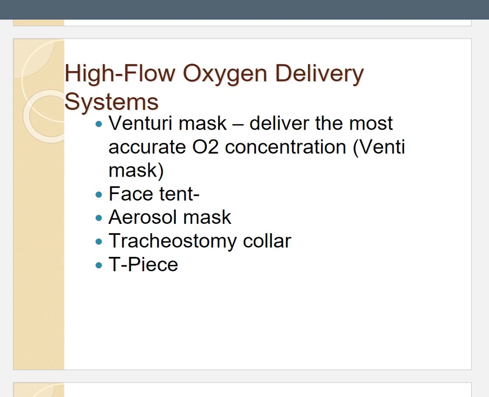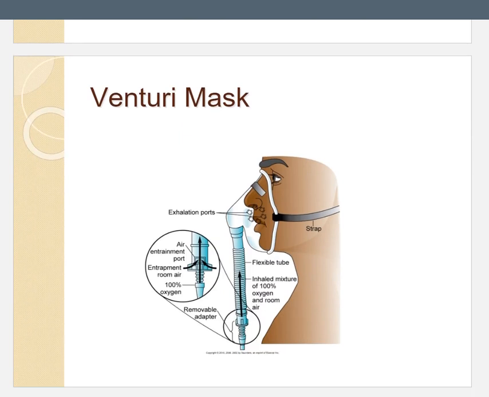All right, let's look at these high flow types of oxygen therapy. This is probably one of the most familiar ones, a Venturi mask, which delivers the most accurate O2 concentration, and we might also hear it called a venti mask. Okay, and here's a picture down here of a particular setup of a Venturi mask.